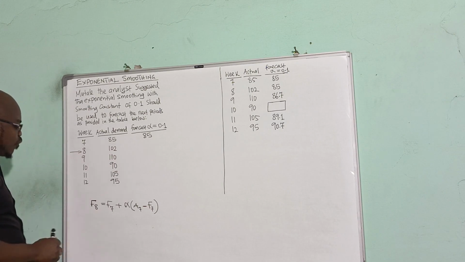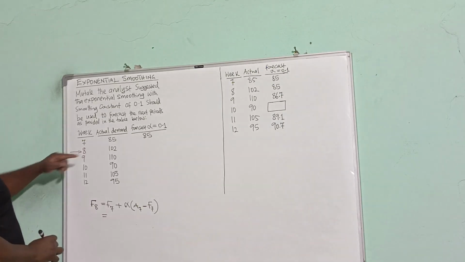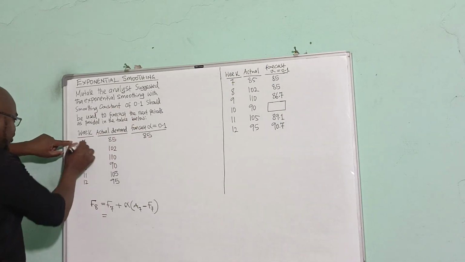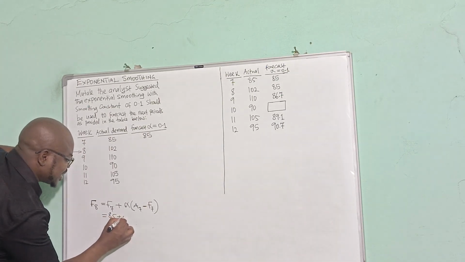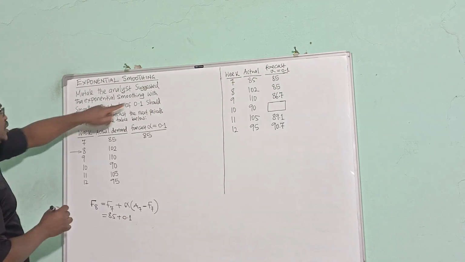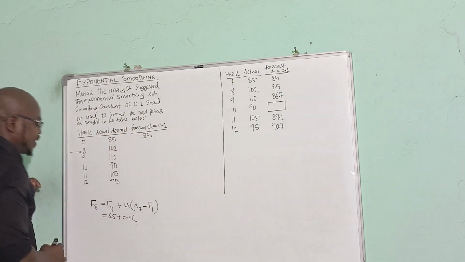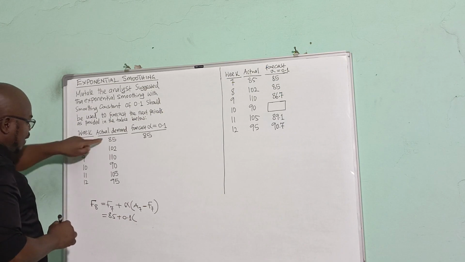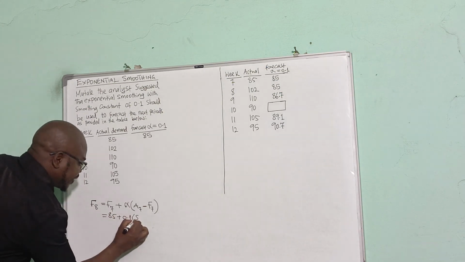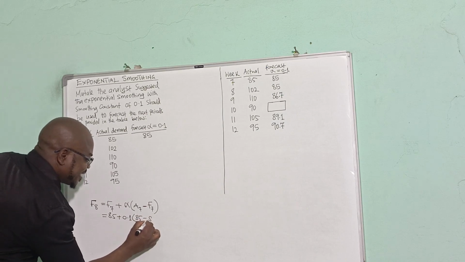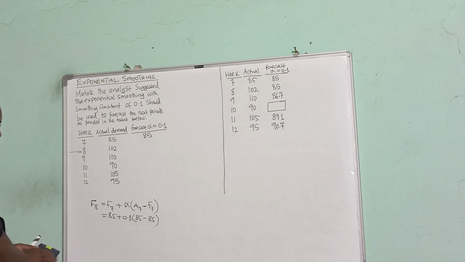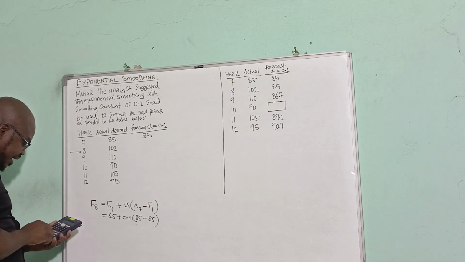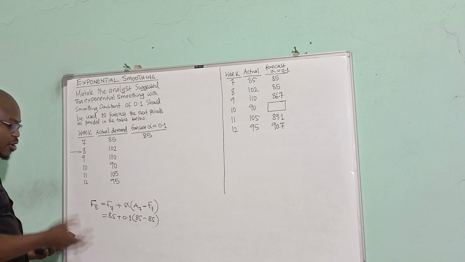I'll need the forecast for period 7, which is 85 there. Then I'll say plus 0.1, the constant factor, and then open brackets, and the actual for period 7 again is 85, minus 85. This whole math I can just place in the calculator, and the calculator will take care of the BODMAS.